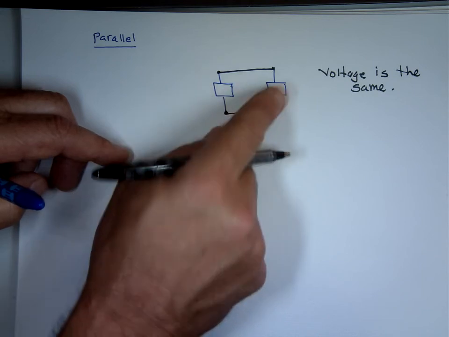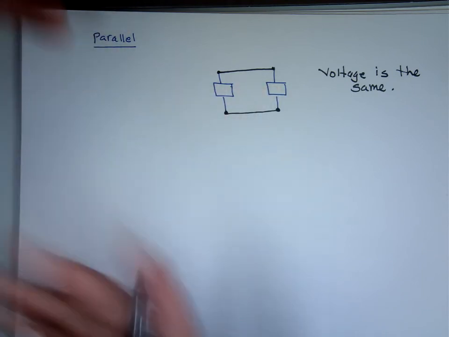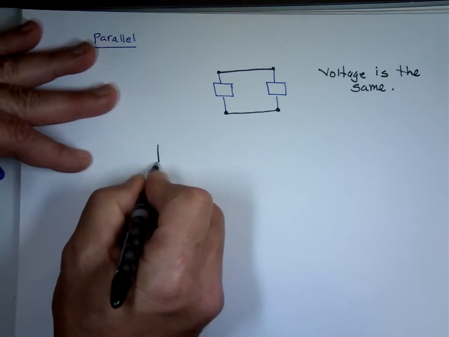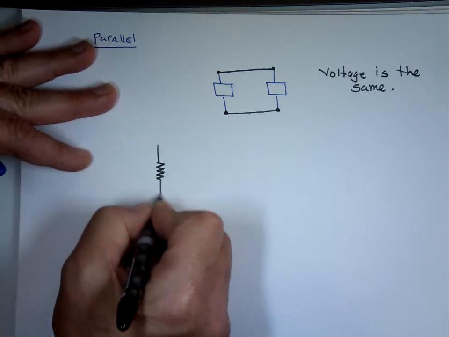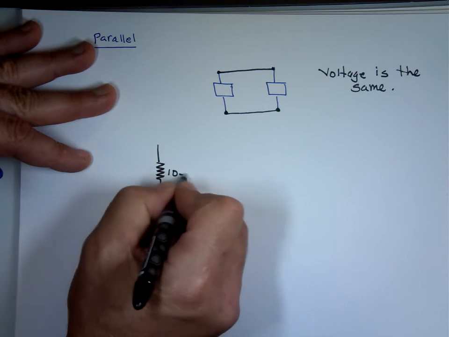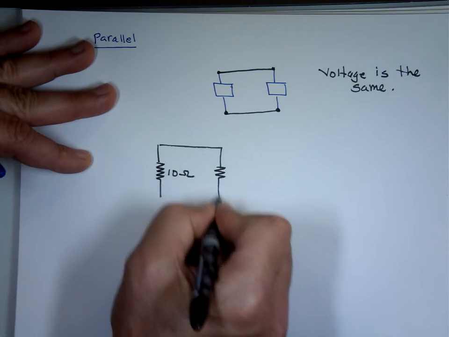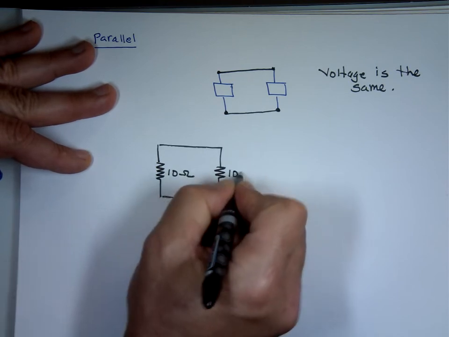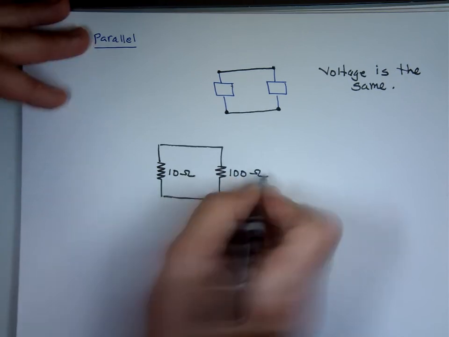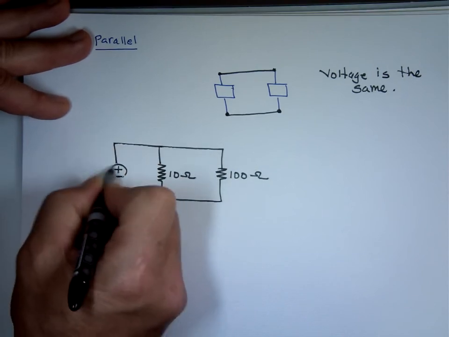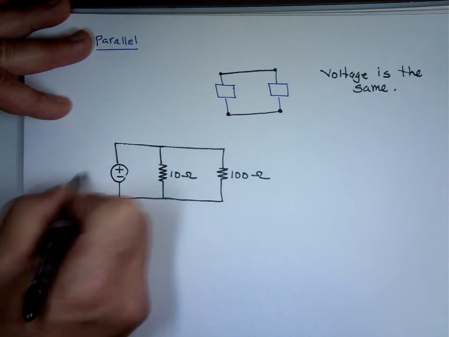So for example, I have two resistors here, and one is 10 ohm, and one is 100 ohm. And I attach a voltage source in parallel with them. All three are in parallel now. And let's make the value of this 10 volts.